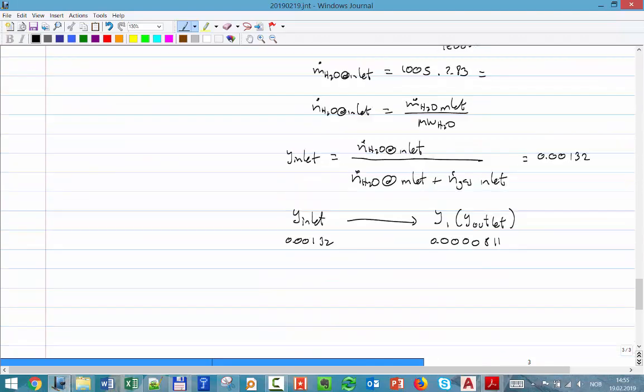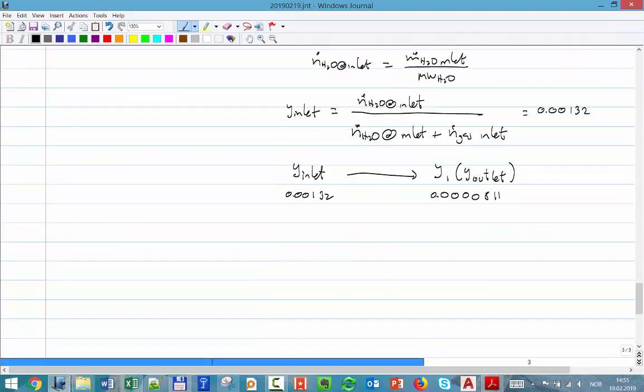Let's make another step, even before making the line. Let's make 4.E, which is: what is xn, the molar fraction of water in the TEG exiting the column?